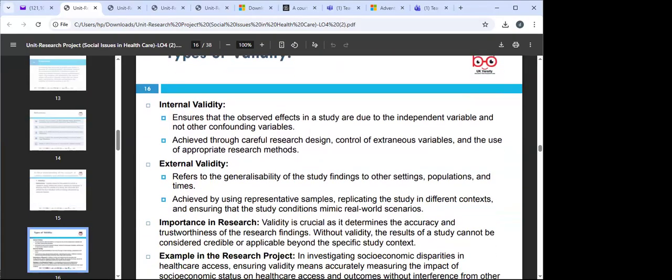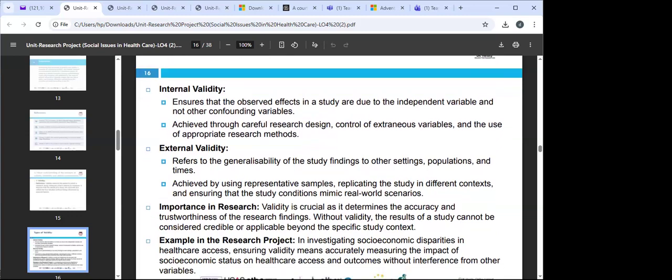We have internal validity and external validity. The internal seeks to ensure that the observed effects in a study are due to the independent variable and not other confounding variables. It is achieved through careful research design, control of extraneous variables, and the use of appropriate research methods.